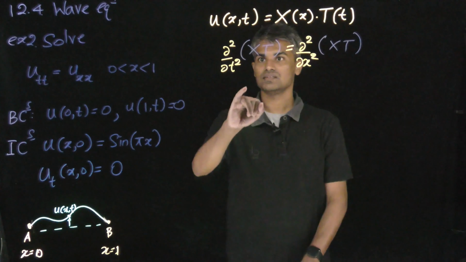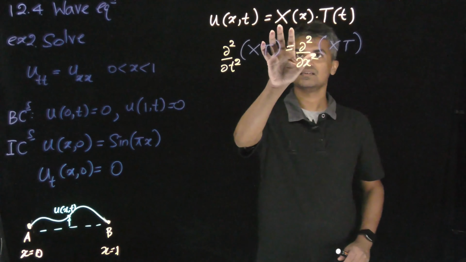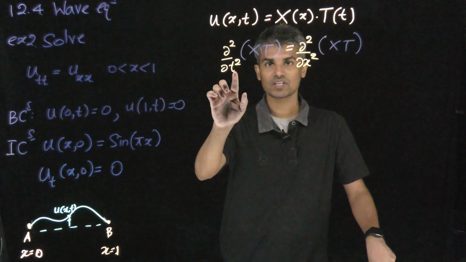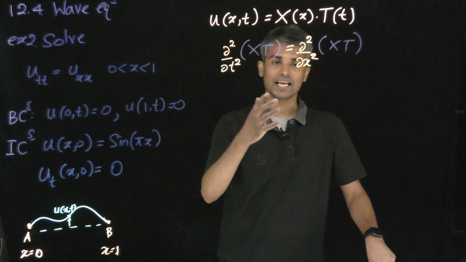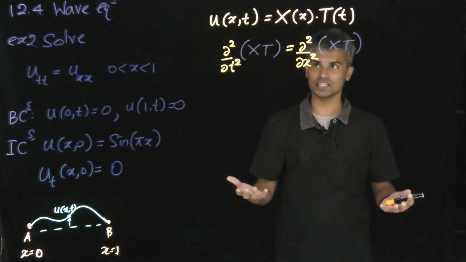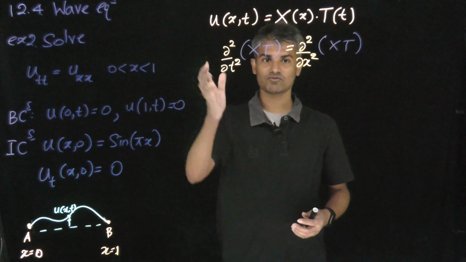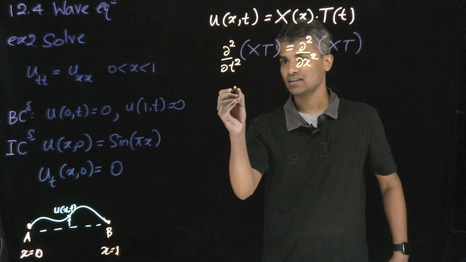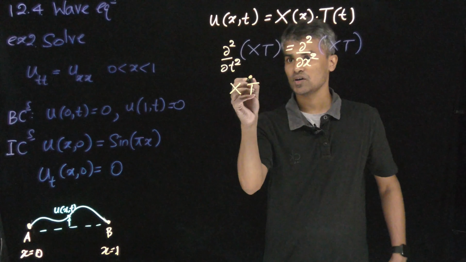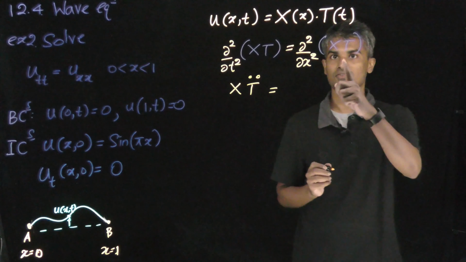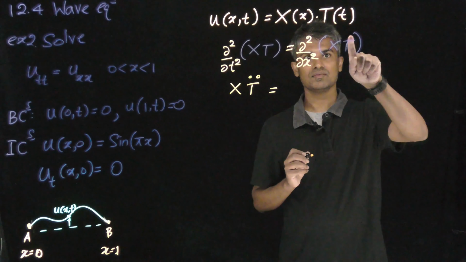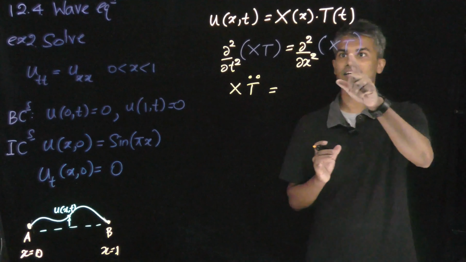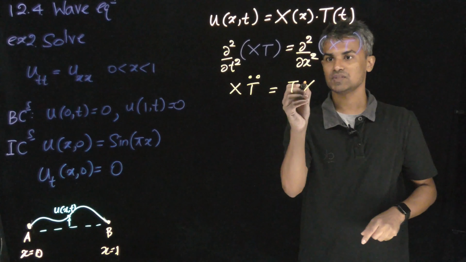Remember this function big X contains only the x variable. Therefore, with respect to the t variable, we can treat big X as a constant, and we can pull a constant out from the derivative. If you do that, you will get X times T double dot equals, using the same trick here, big T of t is a function of the t variable only, so we have T times X double dot.